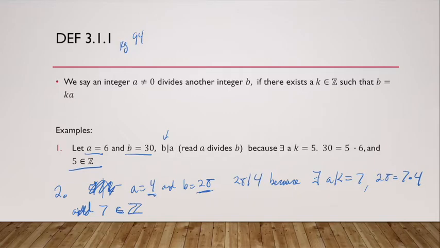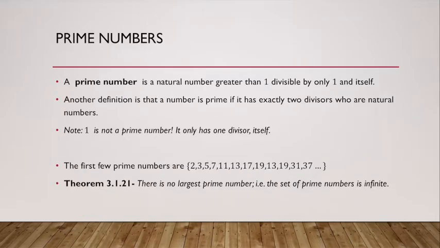Next, let's talk about prime numbers. A prime number is a natural number greater than 1 divisible by only 1 and itself, okay? Another definition is that a number is prime if it has exactly 2 divisors who are natural numbers. Note, this may be contradictory to what you've learned before. I believe I said this in college algebra.